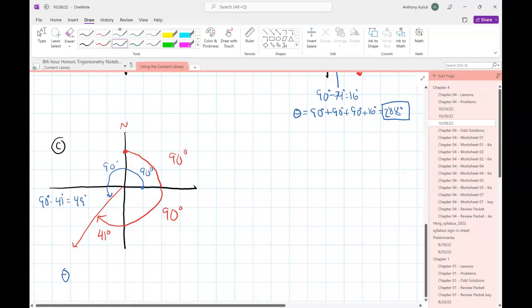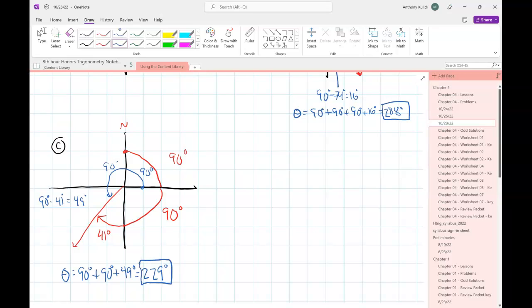So my standard position angle would be 90 plus 90 plus 49, which would be 229. Katie? Oh, yeah, thank you. Arithmetic. That's hard sometimes.